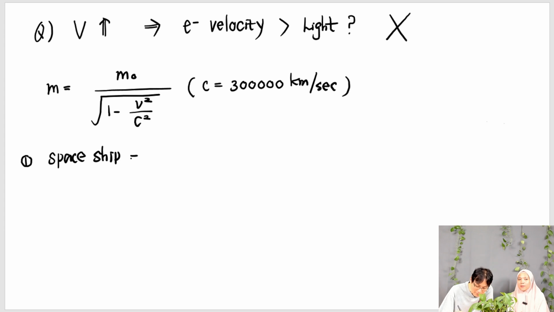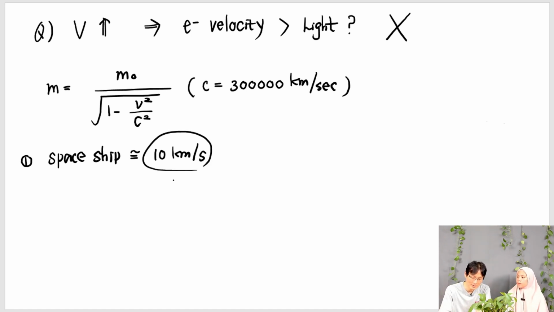Spaceship velocity is approximately 10 kilometer per second. Oh, per second. Much faster. One satellite or one rocket to escape from the Earth, the minimum speed should be 11 kilometer per second. Anyway, I want to use 10 kilometer per second for easy calculation.